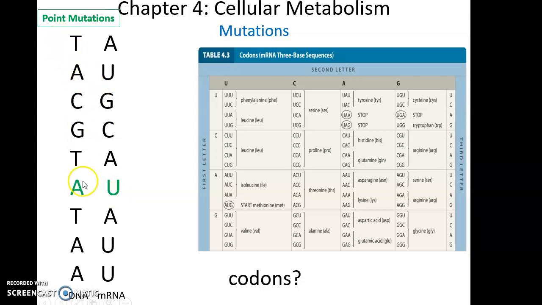Again, with point mutations, a single nucleotide is changed in the DNA, and that leads to a different nucleotide in the messenger RNA.